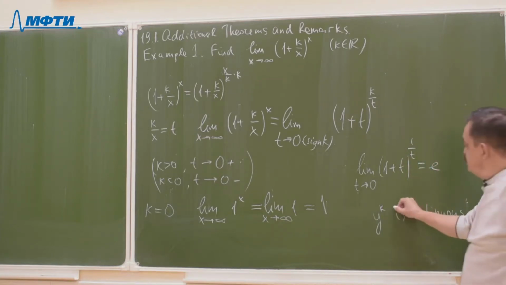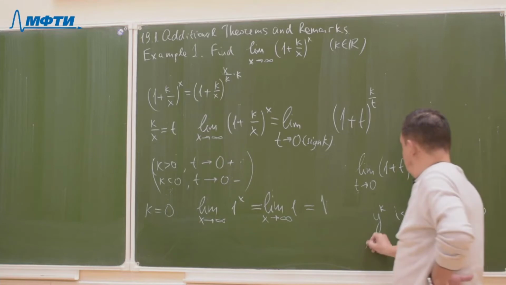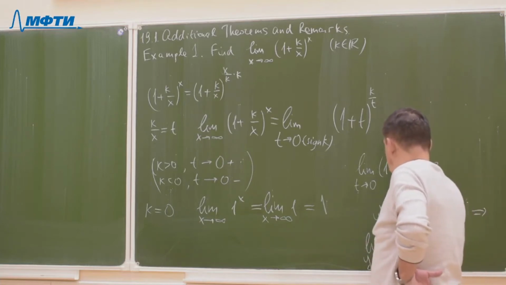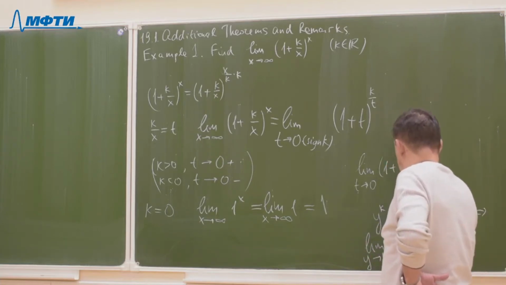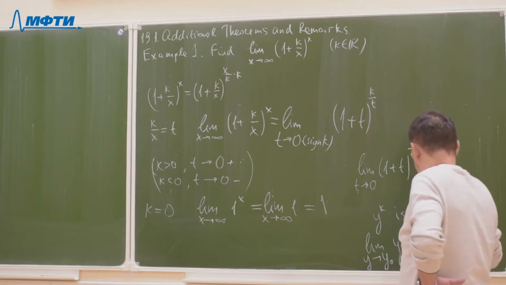It means that the limit as y tends to y naught of y power k equals y naught power k.